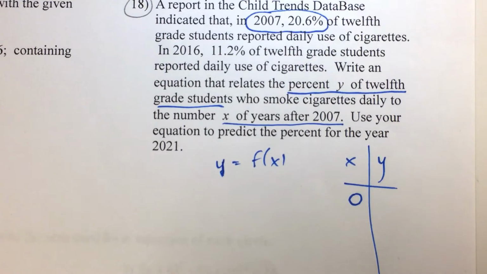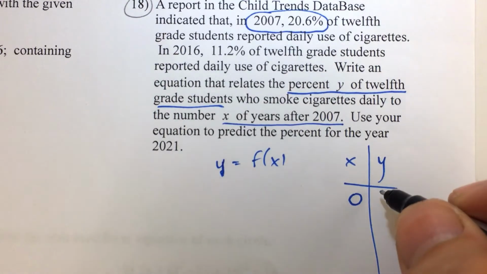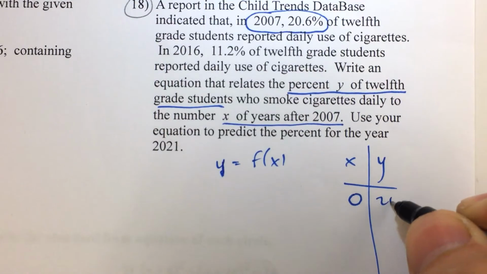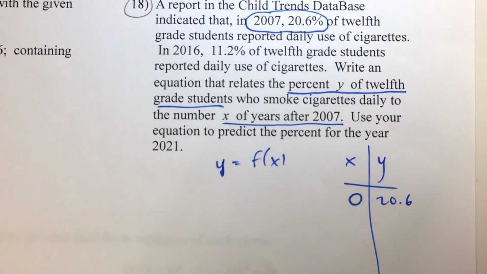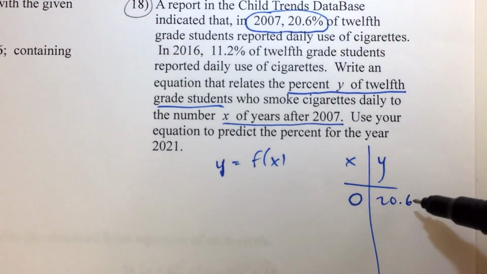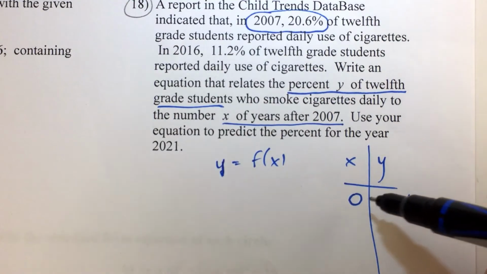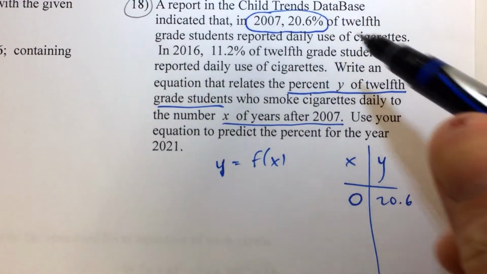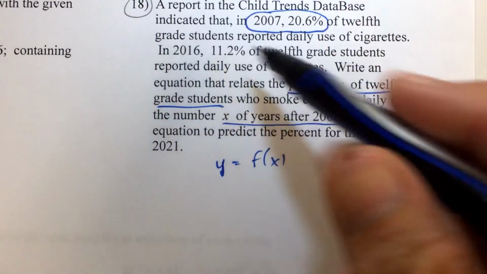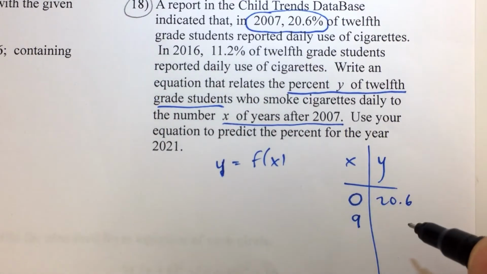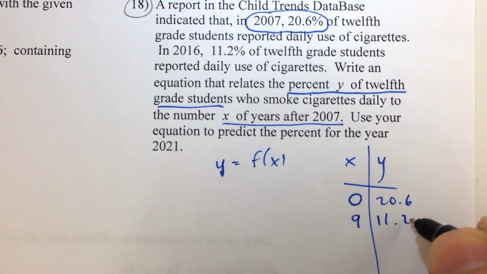In 2007, 20.6 is the output when the input is 0. In 2016, which is 9 years later, the percent of senior smokers dropped to 11.2.